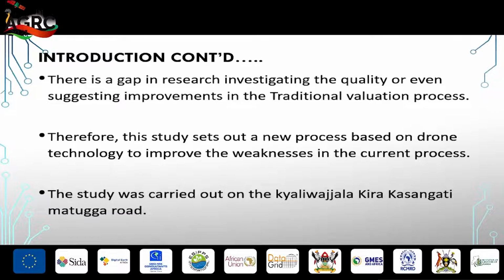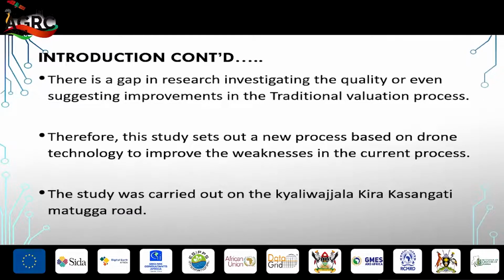Experts in this field are aware of the weaknesses of the current valuation process, but still not much has been done. So there is a gap in the research on investigating or even suggesting improvements to the traditional valuation process. That is one of the motivations for this research, as we are proposing a method that depends on drone technology to improve the current valuation process used in compensation.